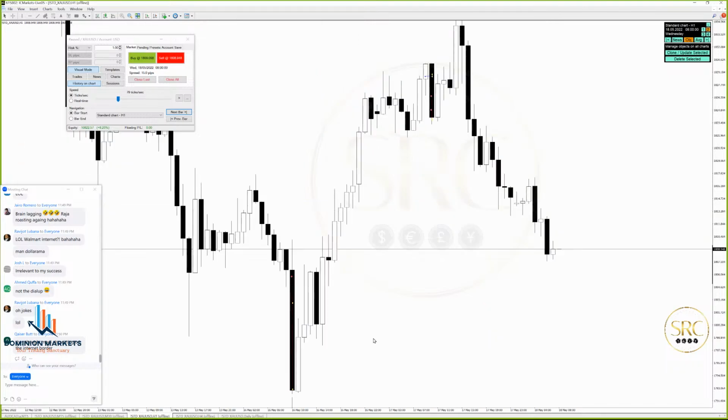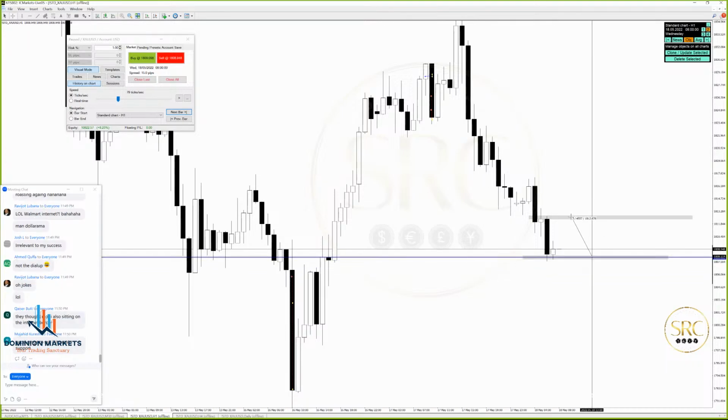Let's take a look at the 1-hour time frame. On the 1-hour, we are creating support, and we have a resistance right here, probably, and also support right over here as well. Now, this is a 50 pip range.